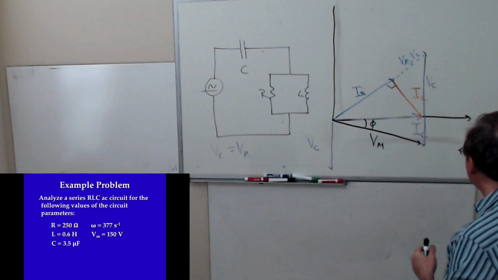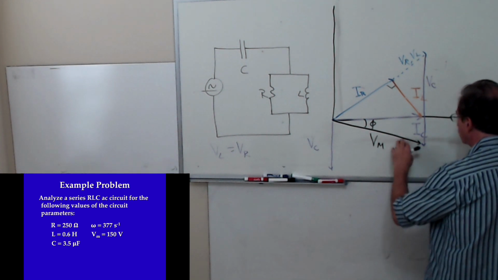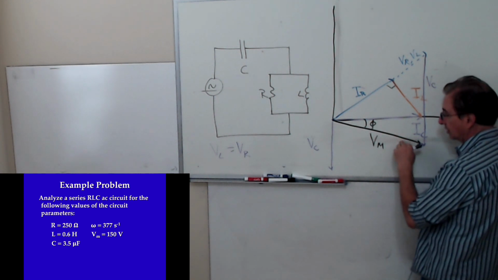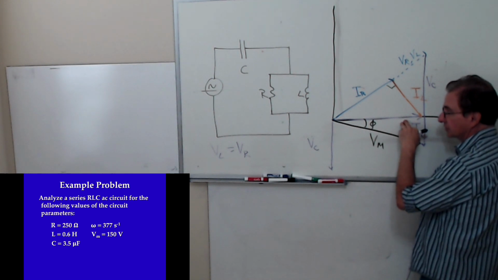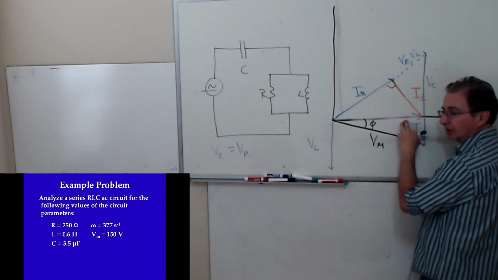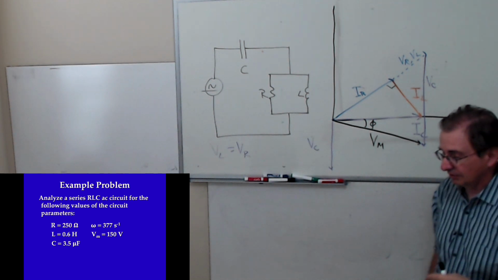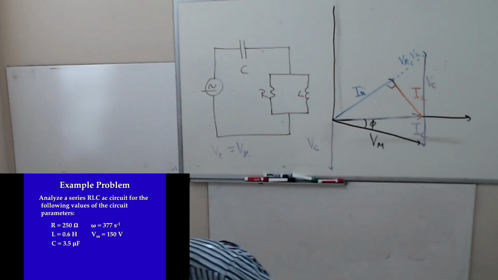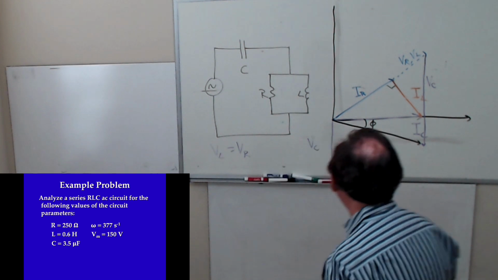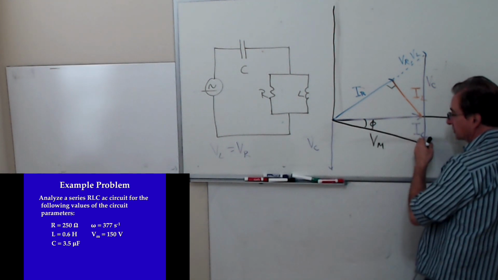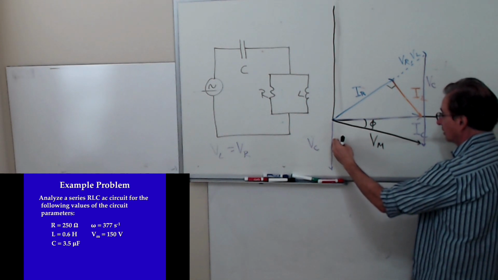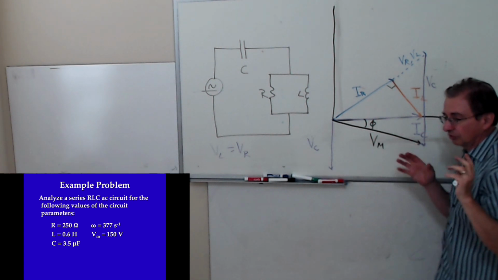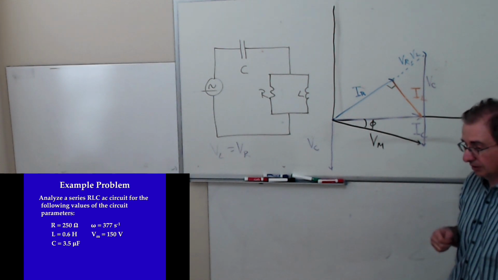Okay. Now when I draw it this way, the projection of this guy along the x-axis represents basically voltage due to resistance. There's a better term to use than that. Okay. And then the projection of this along the x-axis represents the voltage due to the reactive part of my circuit.